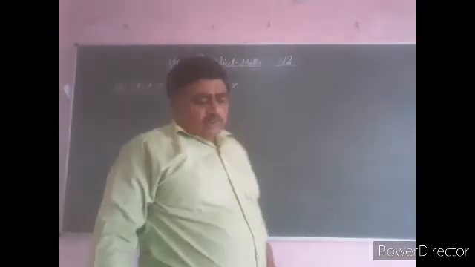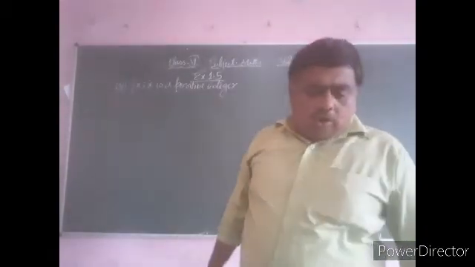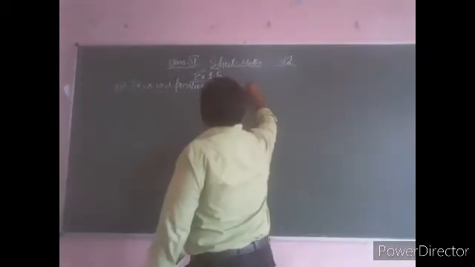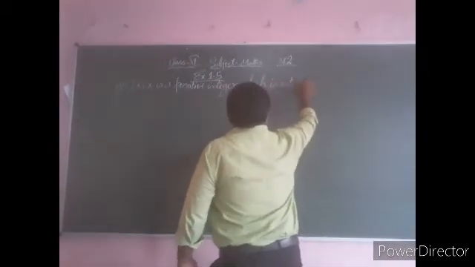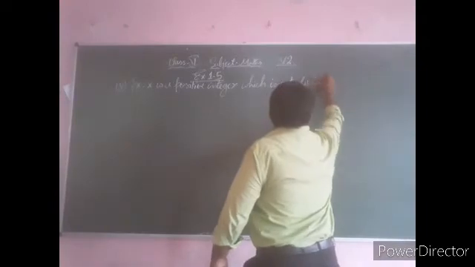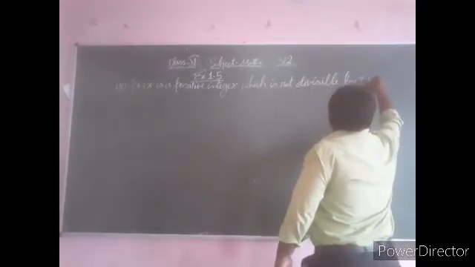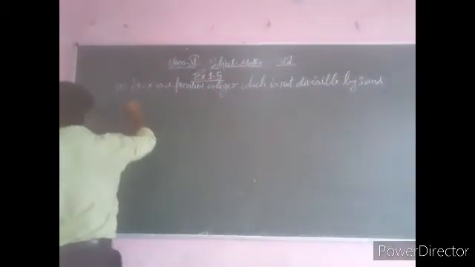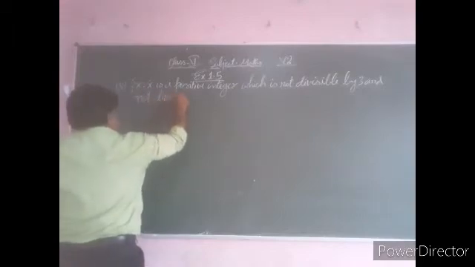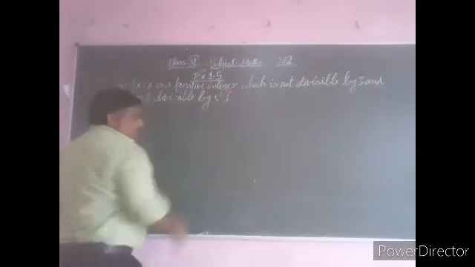The complement is {x such that x is a positive integer which is not divisible by 3 and not divisible by 5}.